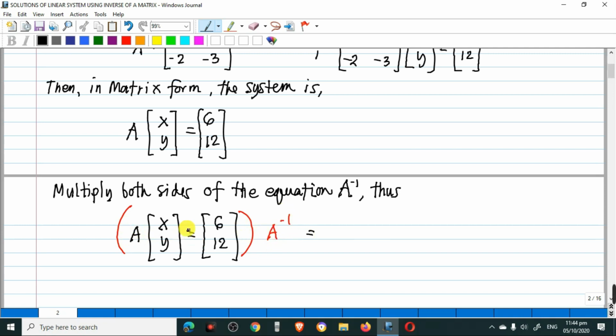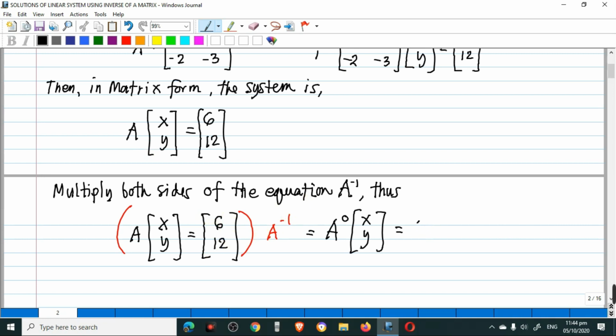Then the result here is A multiplied by A raised to negative 1, which is simply equal to 1, right? By our law of exponents, you just add the exponents of the two and you arrive at A raised to 0. Correct? And this is multiplied by x and y. Just copy. And this is equal to A raised to negative 1, or simply the inverse of your matrix A, multiplied by this 2 by 1 matrix.